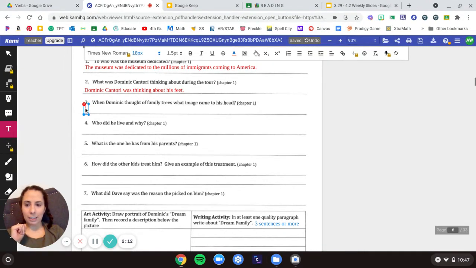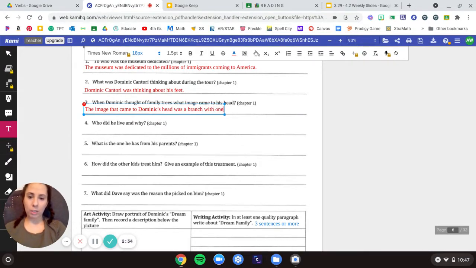All right, let's look at that third one. When Dominic thought of family trees, what image came to his head? So this one I might change my answer a little bit. The image that came to Dominic's head was a branch with one leaf containing his name.